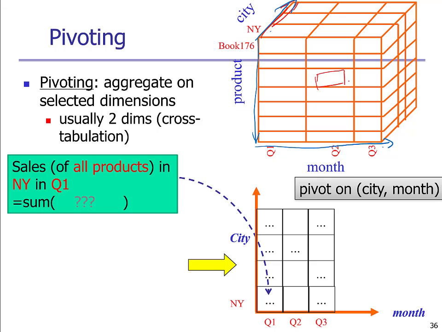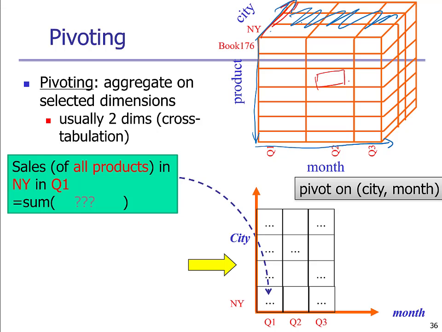And say if we want to select months and cities, then what we want to have is a 2D cube. It is still a cube because it is a closed form operation.